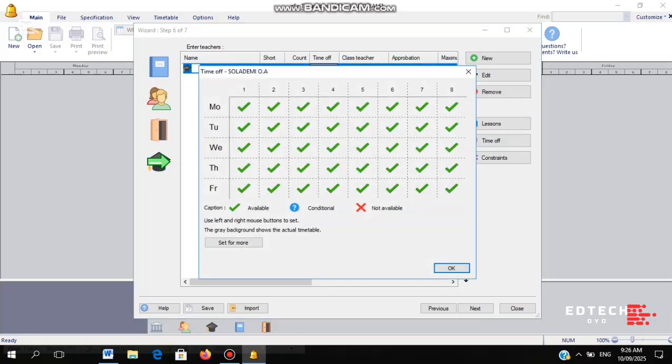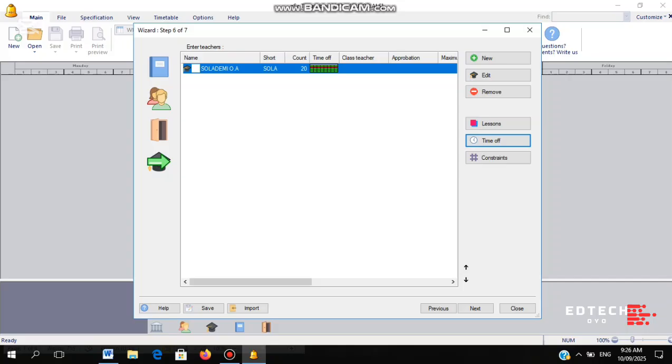Maybe he doesn't used to be around on Tuesday, so you can see this is not available, conditional available. So you can make him unavailable for Tuesday. So any timetable generation that this computer will do, it will not fix this person on Tuesday. So that is the essence of that. I will explain more on that when we get there.